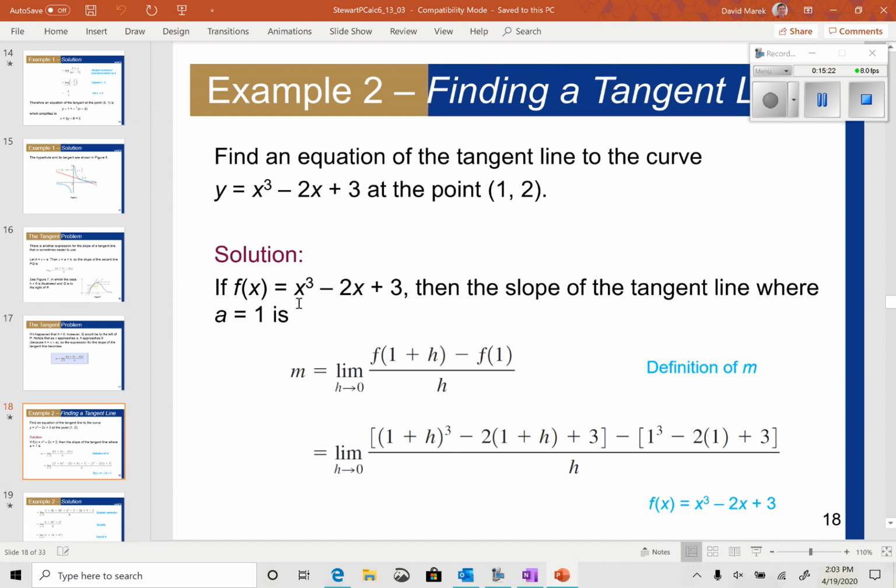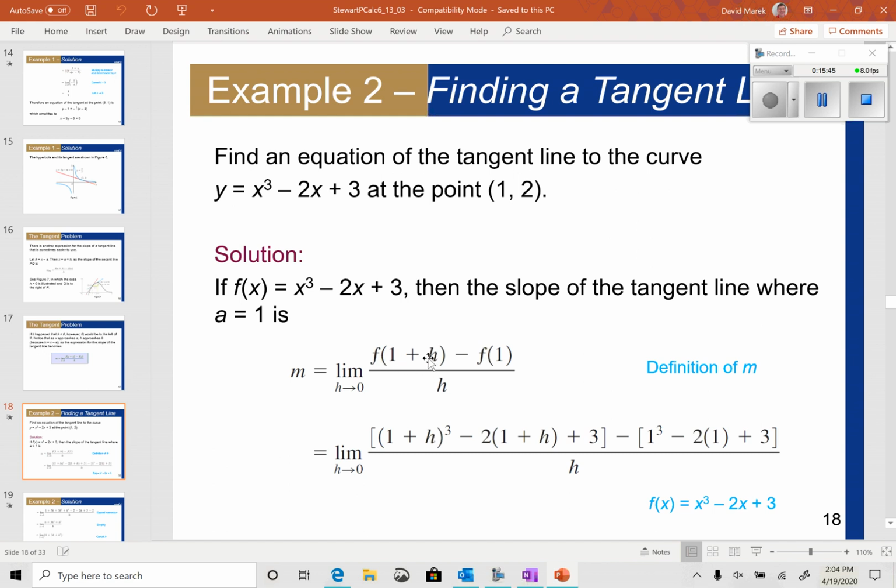So f of x is our function x cubed minus 2x plus 3. A, in this case, is 1. So we need the limit as h approaches 0 of f of 1 plus h minus f of 1 divided by h.